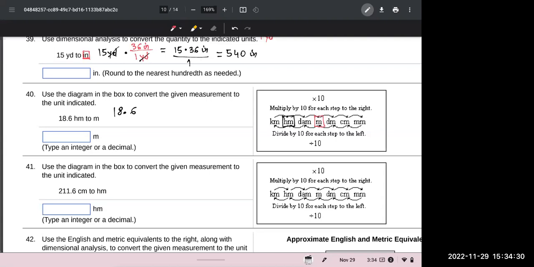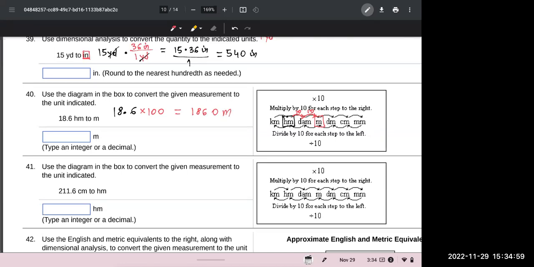So you're going from larger unit to smaller unit. So look how many times we have to move. 1, twice. So each time you move to the right, you multiply by 10. Even the table tells you. So I will need to multiply 18.6 by 10 and multiply by 10. So this is just multiply by 100. And the solution will be 1860 meters.